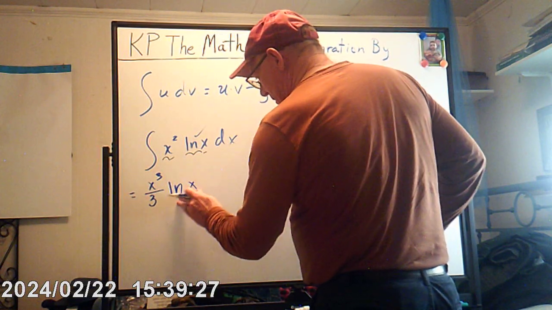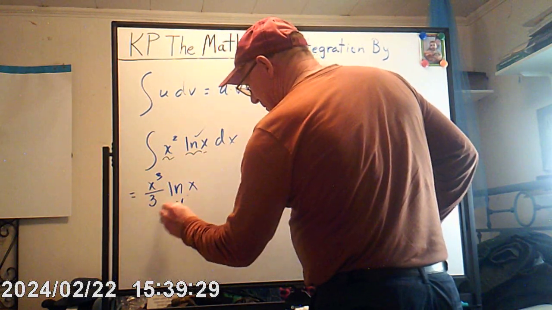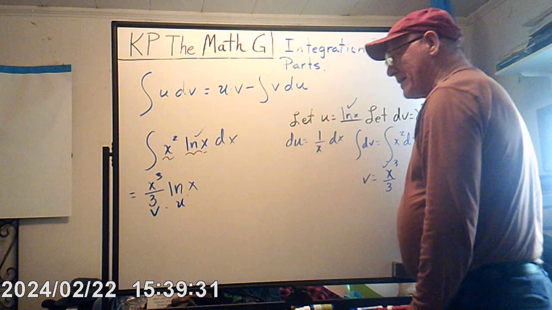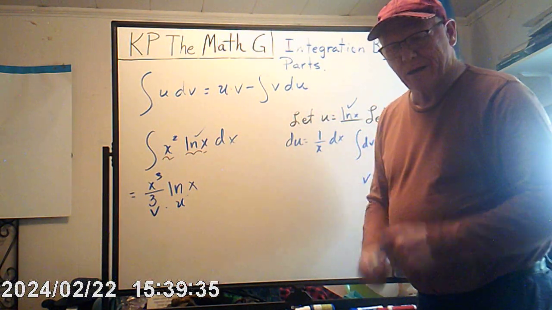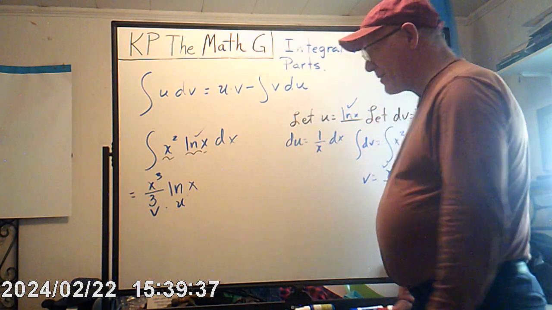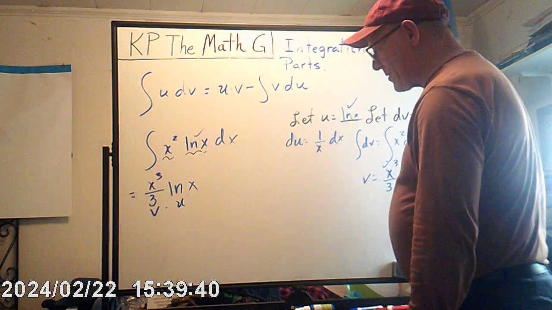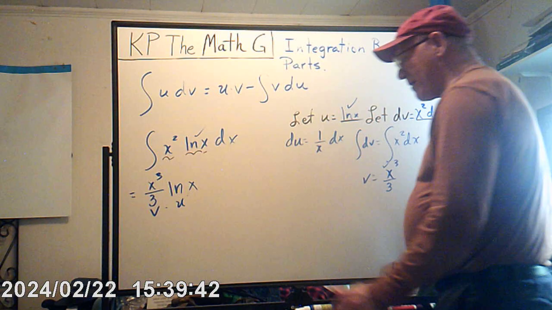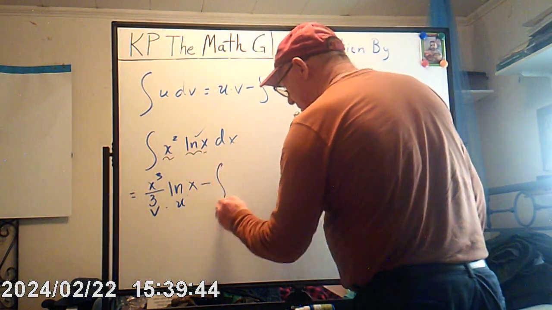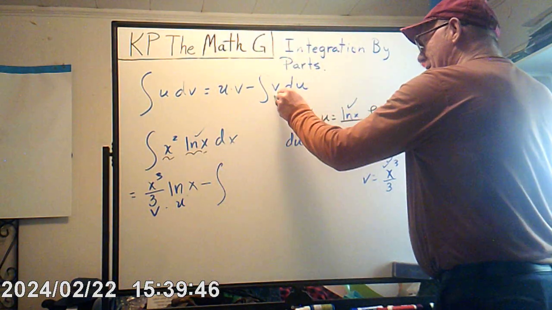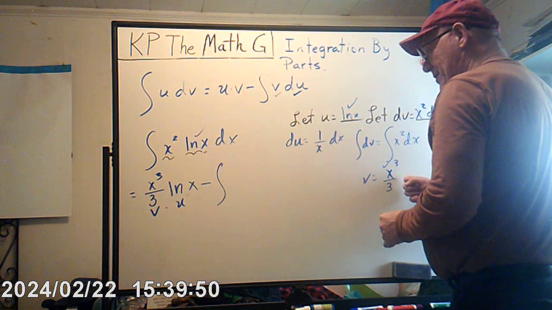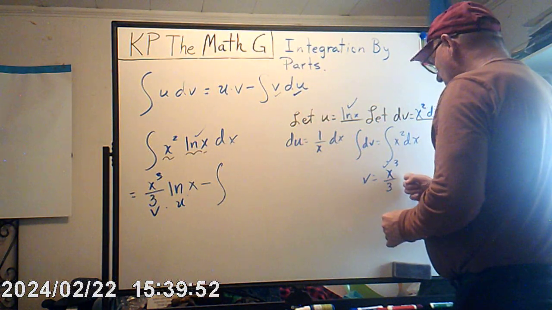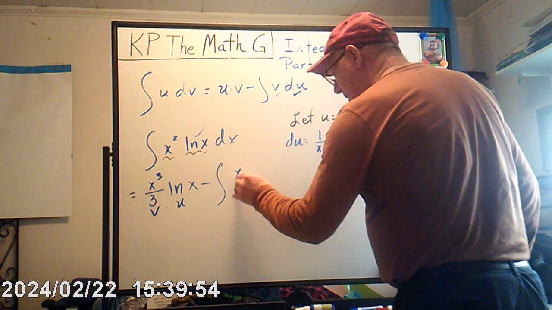So this is actually v times u, backwards. Doesn't matter, u times v and v times u, you can do that, can't you? Alright, so that's what I have there. And then now minus, let's stick with the pattern, I want v du. V is x cubed over 3.